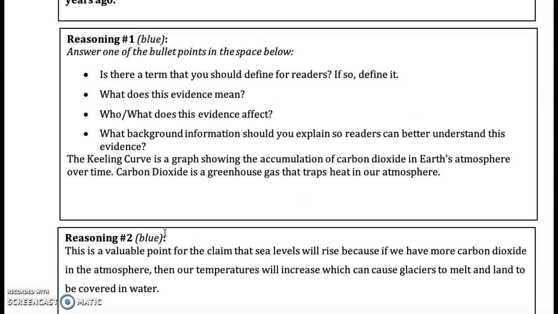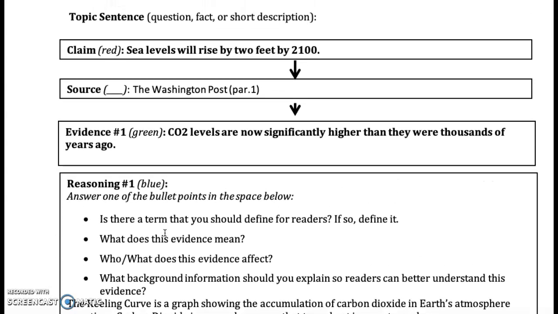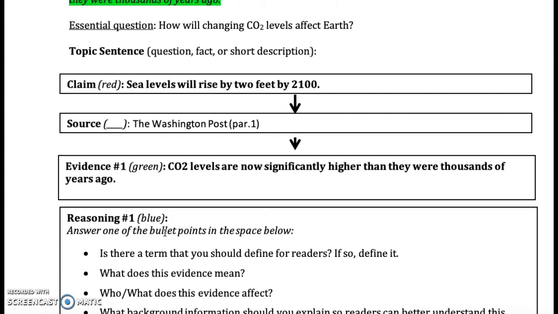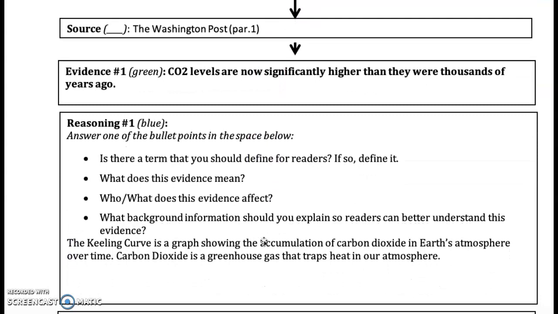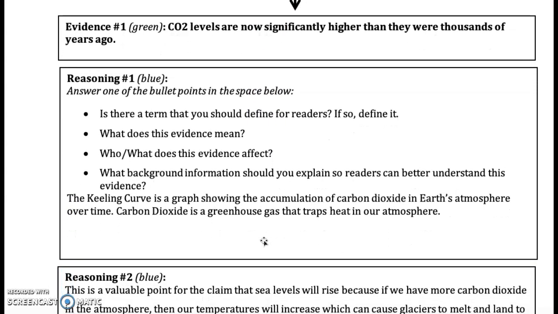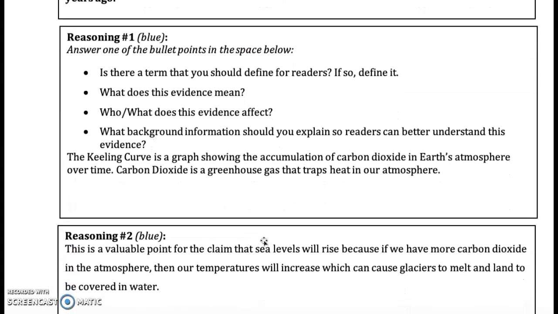So let's kind of read through this together. We might say, according to the Washington Post, paragraph 1, sea levels will rise by 2 feet by 2100. Carbon dioxide levels are now significantly higher than they were thousands of years ago.